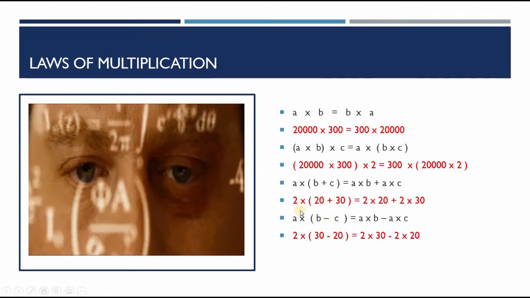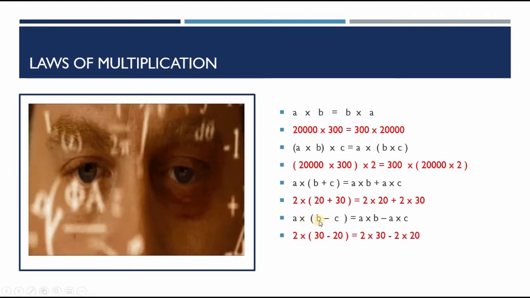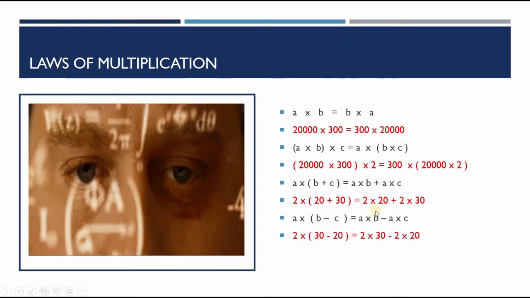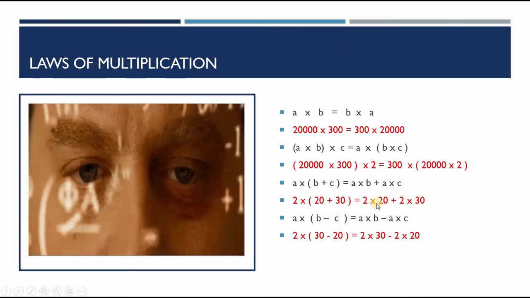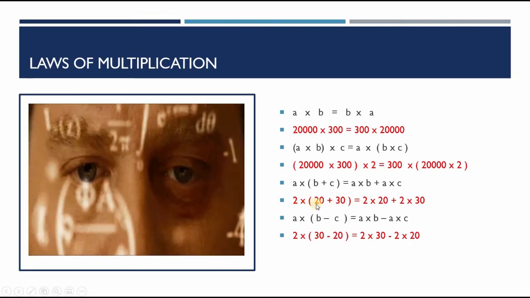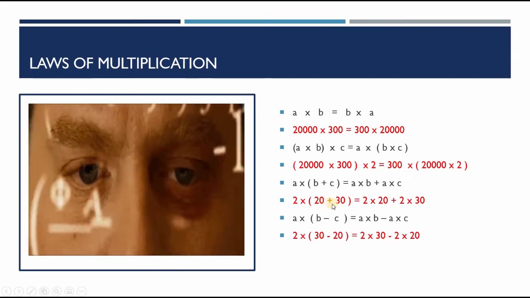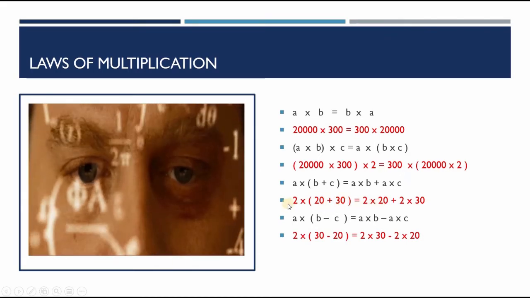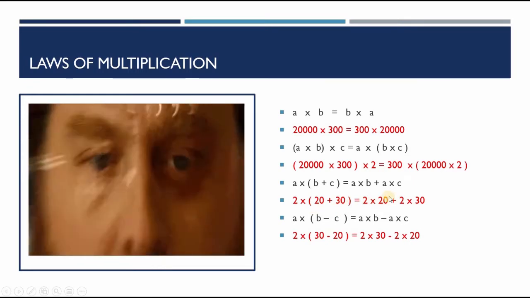A multiply (B plus C) is equal to A multiply B plus A multiply C. For example, 2 multiply (20 plus 30) is equal to 2 multiply 20 plus 2 multiply 30.